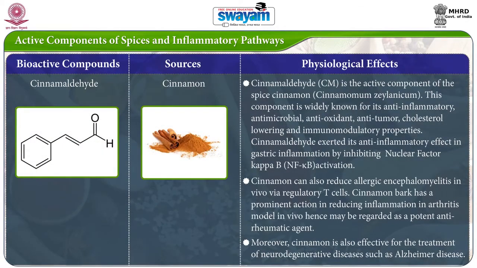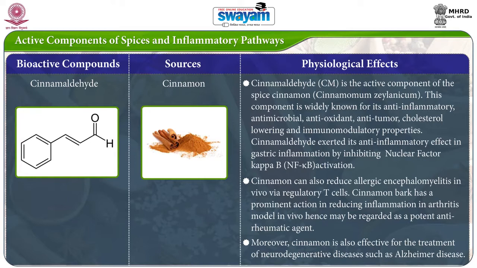The next is cinnamaldehyde. Cinnamaldehyde is the active component of the spice cinnamon. This component is widely known for its antioxidant, anti-tumor, cholesterol lowering and immunomodulatory properties. Cinnamaldehyde exerted its anti-inflammatory effect in gastric inflammation by inhibiting nuclear factor kappa B activation.